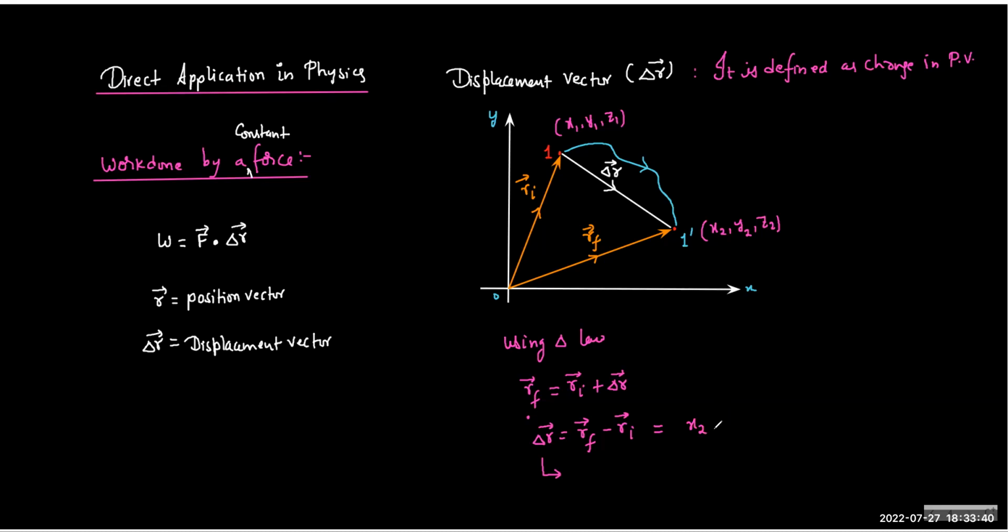We can write x2, y2, z2 minus x1, y1, z1, and then you can subtract the ordered pairs one by one. So you can write x2 minus x1, y2 minus y1, z2 minus z1.